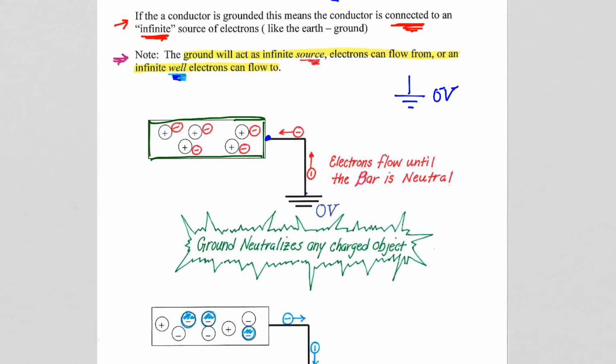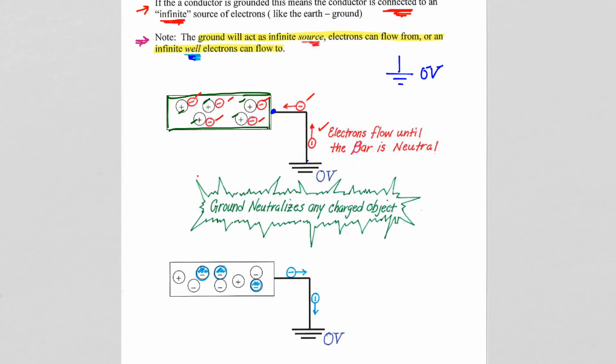So all of those protons that are sitting there and giving a net positive charge to this chunk of metal, when connected to ground, ground will have electrons flow up, as many as needed, to completely neutralize the object. So that is the most important thing for us. Please make sure you get this into your notes, that ground neutralizes any charged object. Ground is the great neutralizer for us.